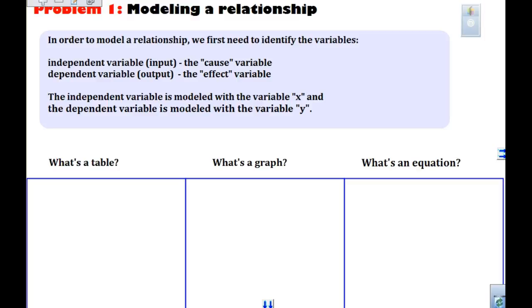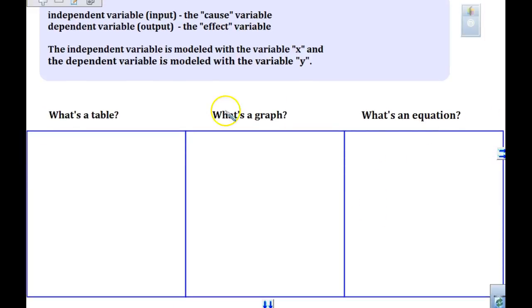So when we take a look at how we model this in a table, we're going to have either 2 columns, C-O-L-U-M-N, columns, or 2 rows.